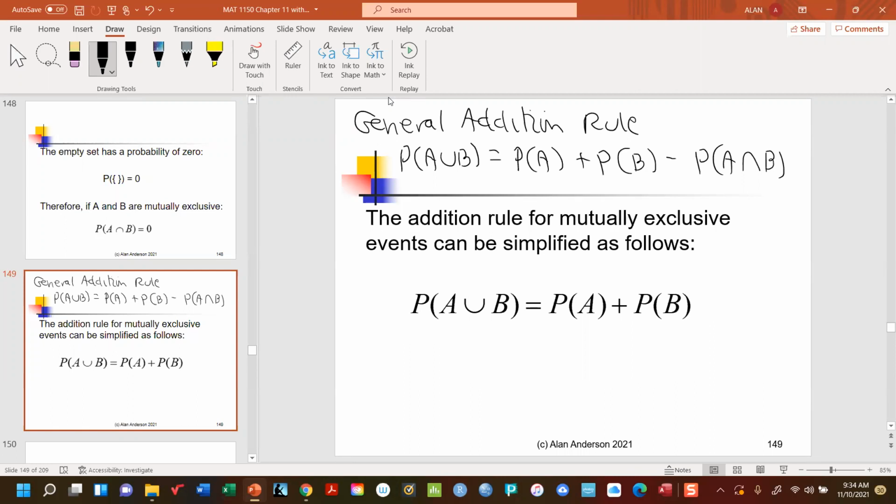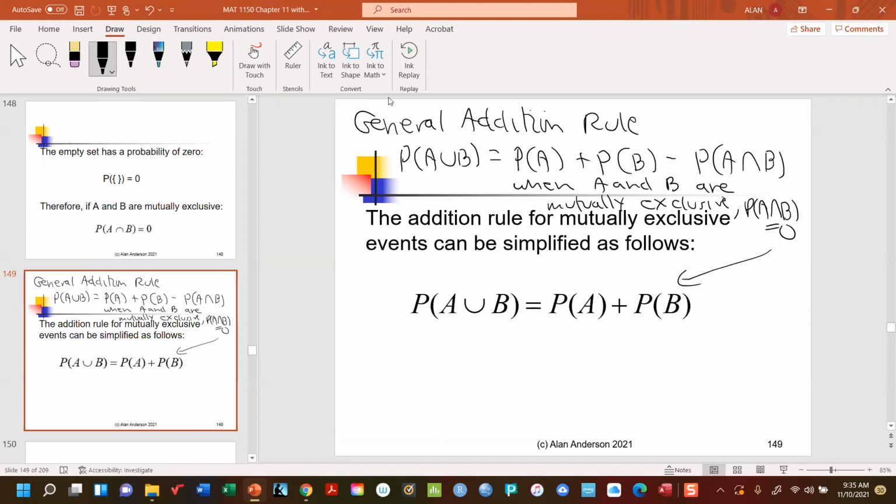But when A and B are mutually exclusive, the probability of A intersect B is 0. So we end up with this.